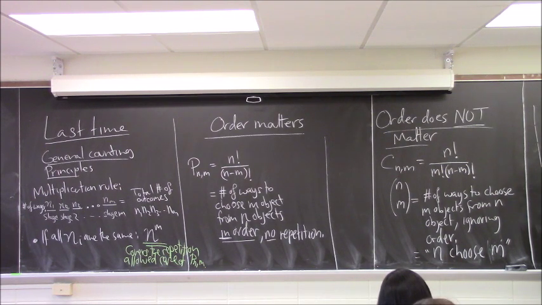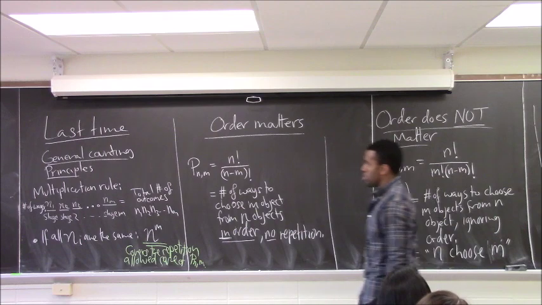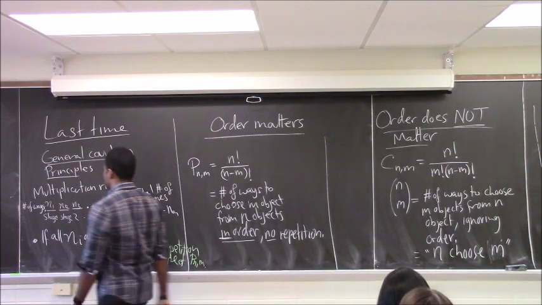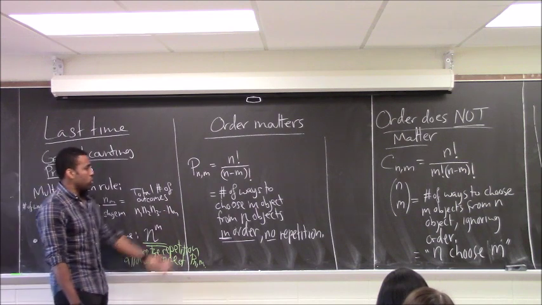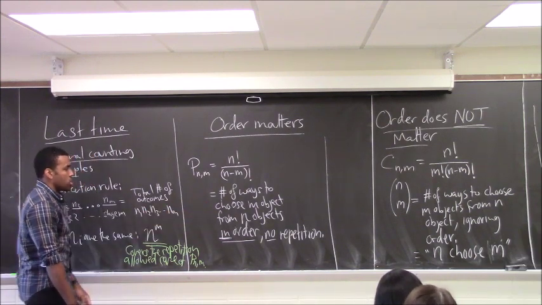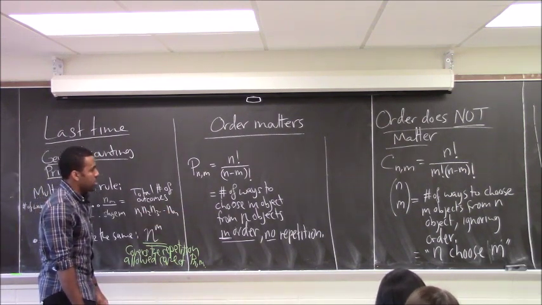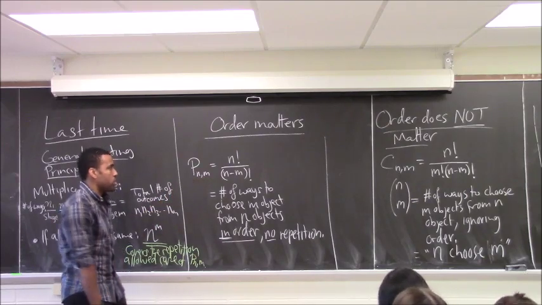So we have a bunch of situations, some general counting principles in terms of stages of an experiment. The multiplication rule, when there are different numbers potentially for each stage. If you have the same number of outcomes for each stage, like the phone numbers example I gave you, we can use this one, repetition is allowed. If you want to choose m things, put them in a certain order, not repeating anything, we use the permutation.